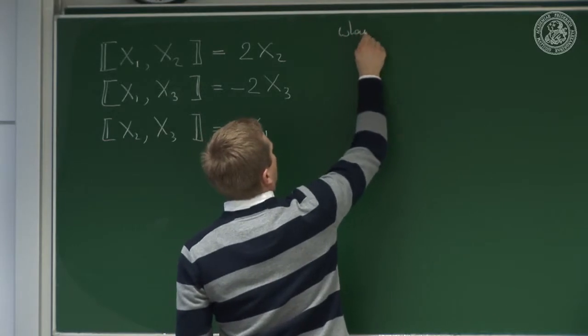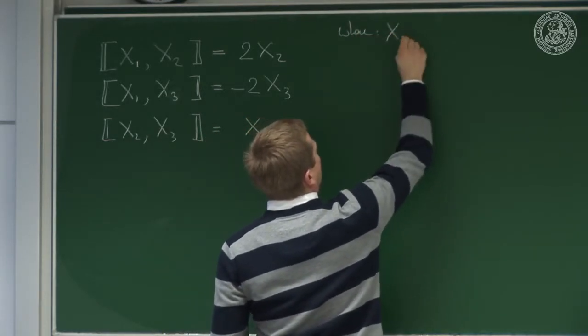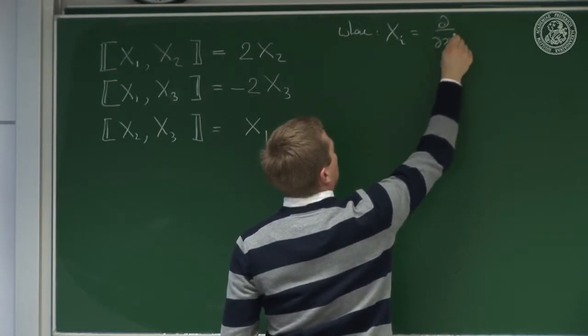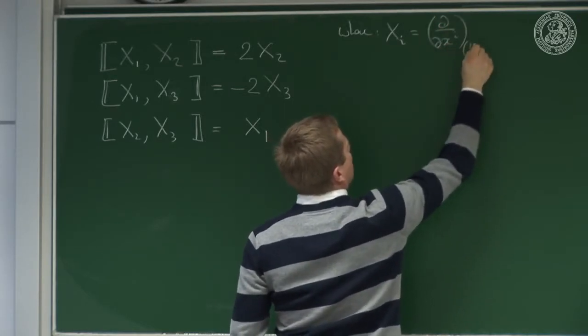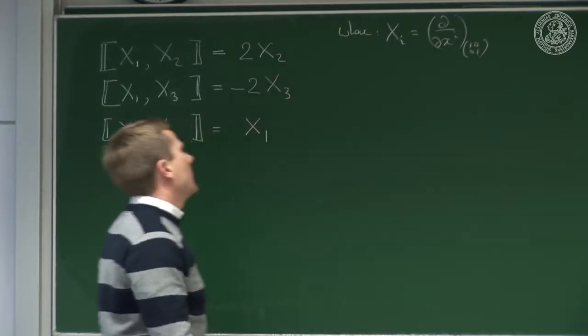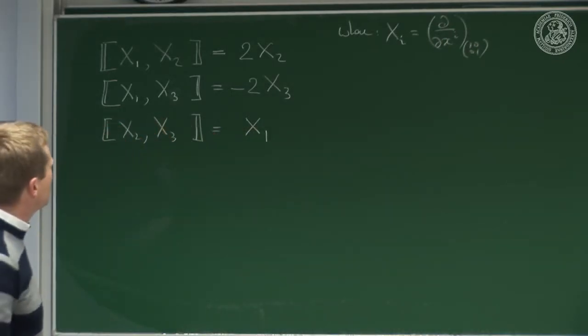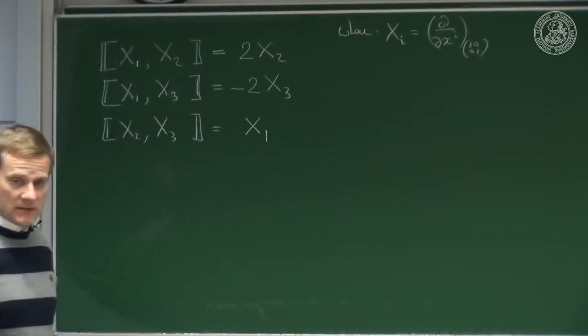So where from now on we have xi equals d by dxi at the identity, and obviously the Lie algebra is spanned by this because that's the tangent space.